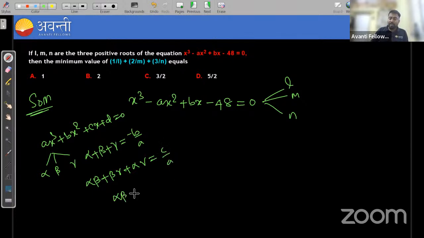And the product of roots, alpha beta gamma, is minus d upon a. These are the formulae. I hope all of you read them in theory of equations. If not, you can go through the books.